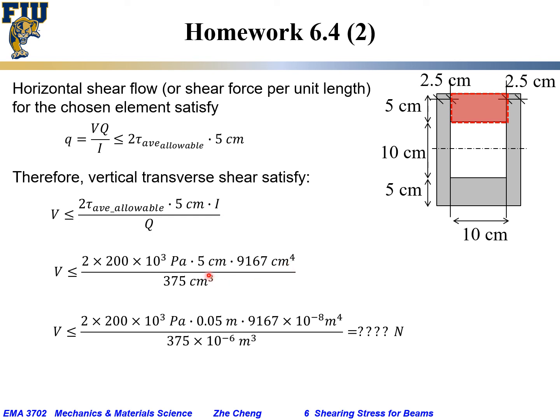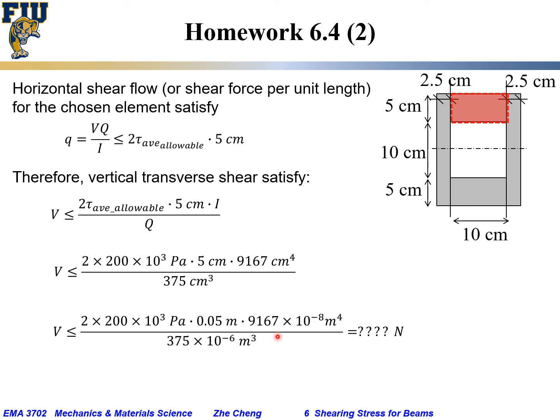Okay, and we can convert centimeter into meter: 5 centimeter is 0.05 meter, and centimeter to the power of 4 we would transform into 10 to the power of minus 8 meter to the power of 4, because 1 centimeter is 10 to the power of minus 2, and the whole thing to the power of 4 would be 10 to the power of minus 8 meter to the power of 4.